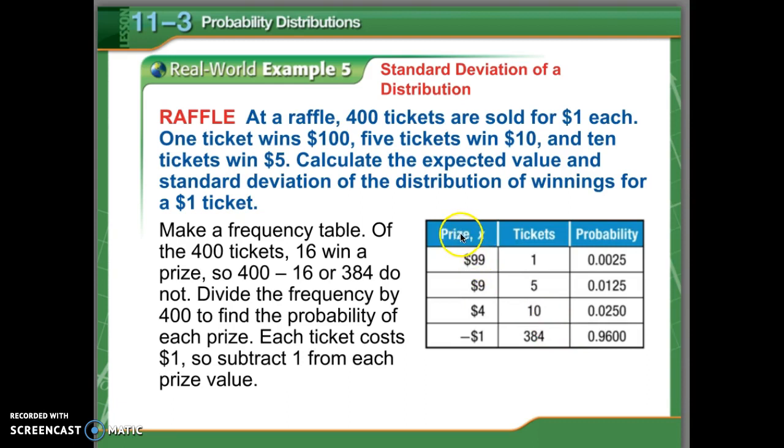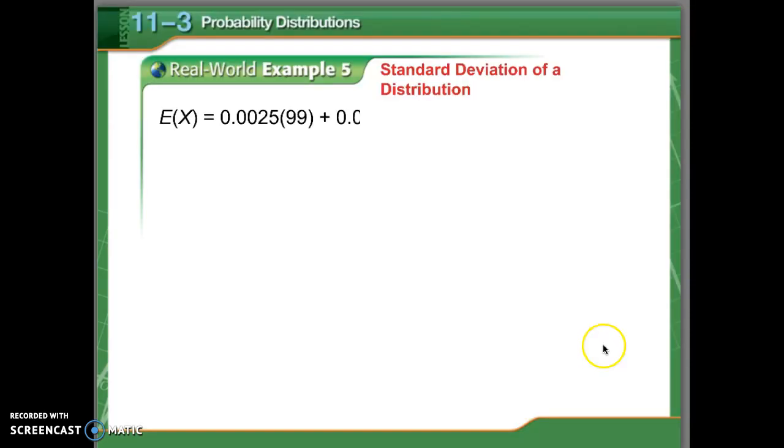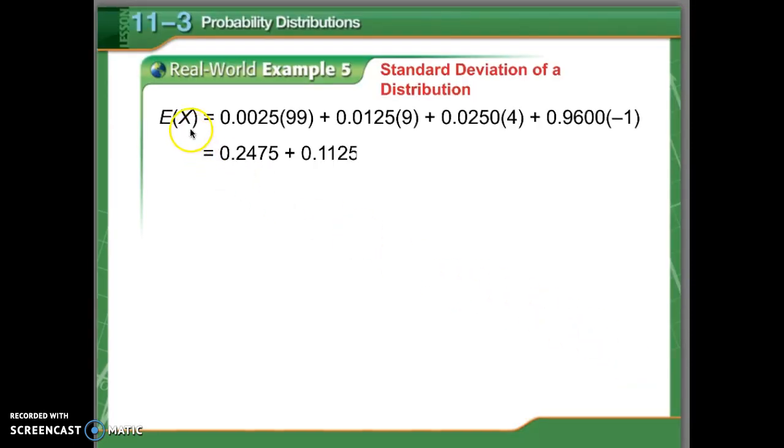Okay, so now that we have our x values, we have the tickets, we have the probability, we're going to work through the formula to find the variance, and then take the square root of that, and that will find the standard deviation. So the expected value is the first outcome, which is 99, times the probability of it happening, plus the second outcome, winning $9, times its probability, plus the third outcome, 4, times its probability, plus the last outcome times its probability.